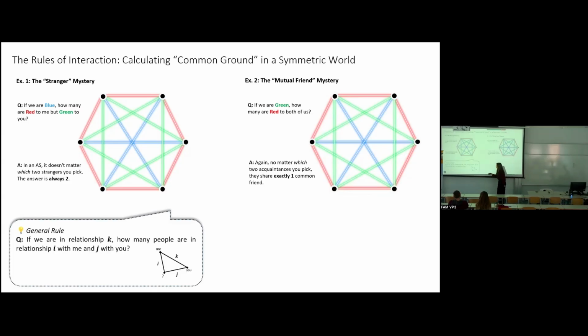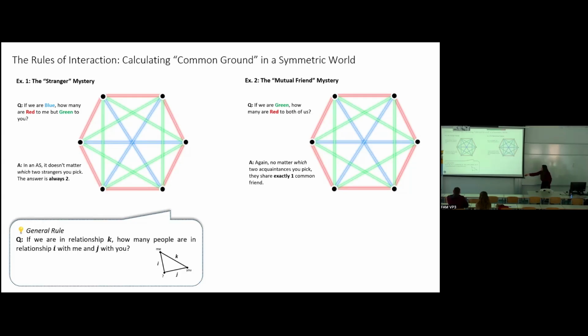So if we are in relationship K, or color K, of course we can use letters or numbers to enumerate those. If we are in relationship K, distance K, since we are mainly considering distance regular graphs, though in general it's not necessarily a distance regular graph, how many people are in relationship I with me and J with you? That's the kind of triangle in general that we count in an association scheme.